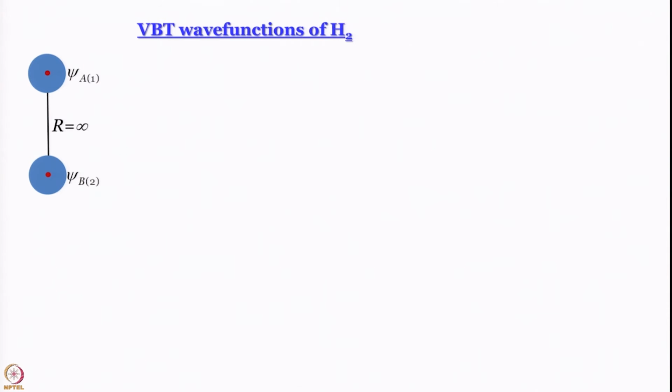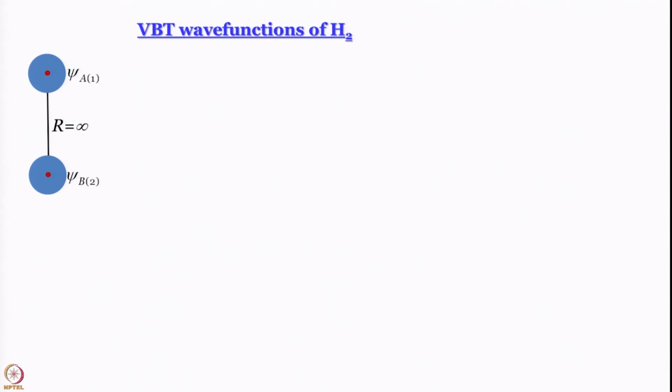So, let us think what happens when R equals infinity. Now, when I say infinity, I do not mean infinity. Say 10 angstrom is sufficient to qualify as infinity for these atomic and molecular systems, because the potential energy between these two atoms becomes 0 asymptotically, but becomes close to 0 within say 10 angstroms of internuclear separation.